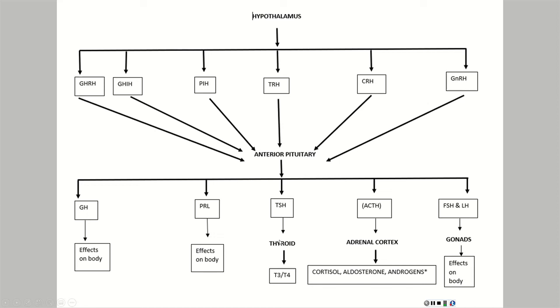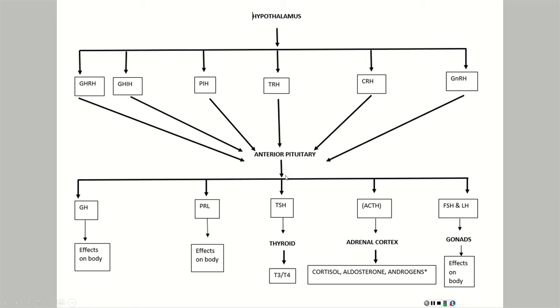And then we can backtrace that and see, is it a problem with the thyroid or is it a problem with the anterior pituitary? Because like we just saw, if TSH is too high or too low, that's the anterior pituitary that's misbehaving. And that's the reason for the hyper or hypothyroidism, leading to too much or too little T3, T4. But there's another possibility.